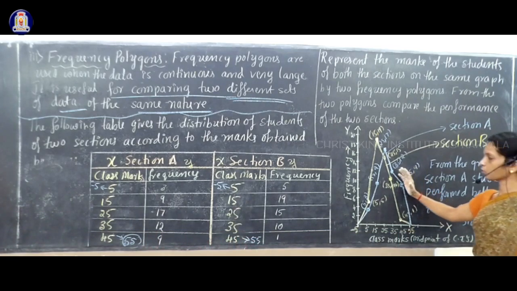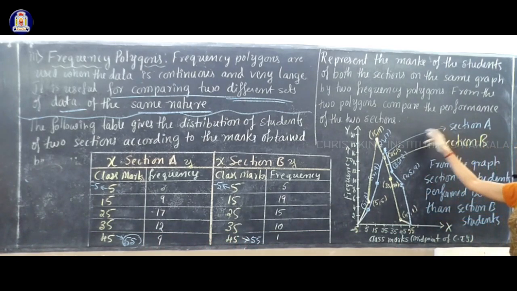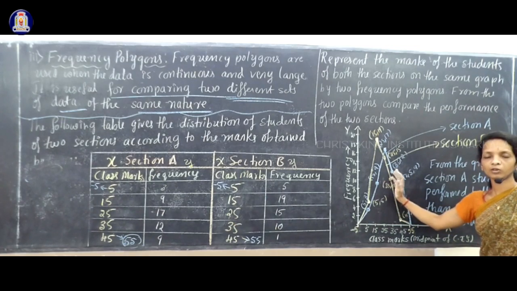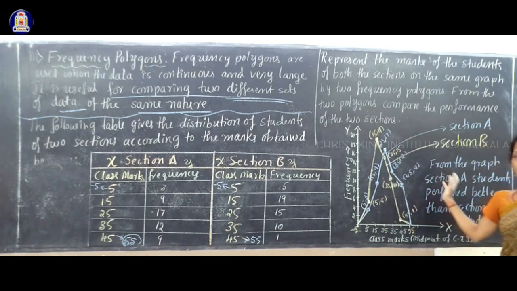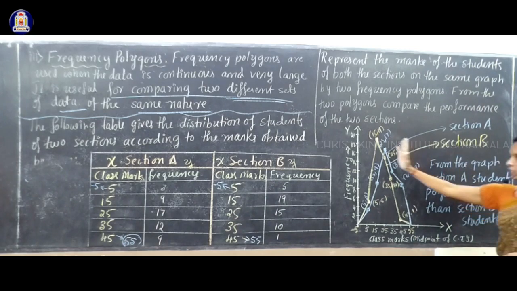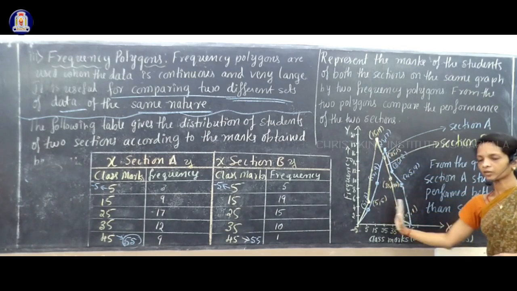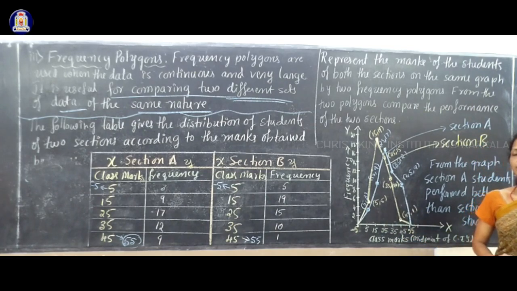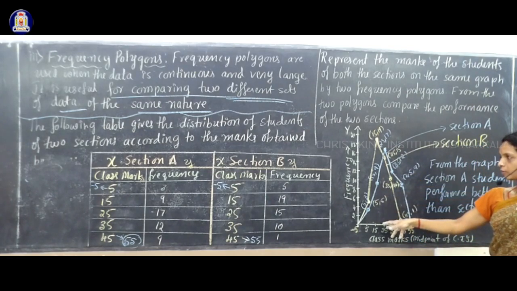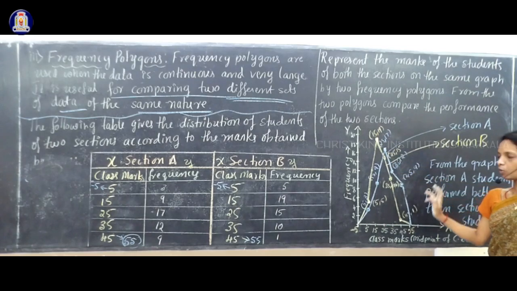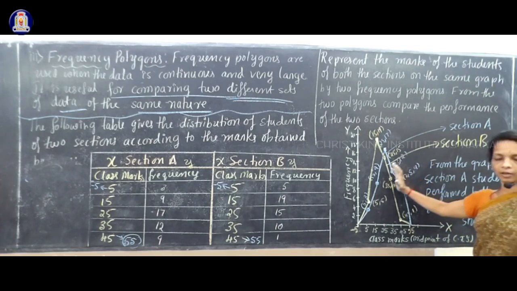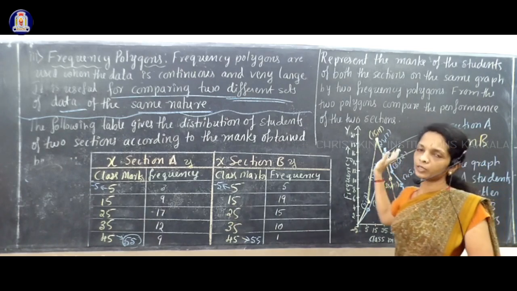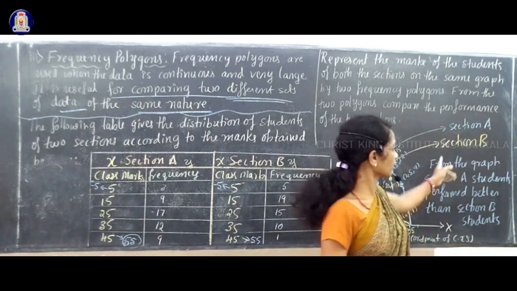Since the frequency polygon of section A lies above the frequency polygon of section B, that conclusion we can give. Okay, you have to see the frequency polygon after 25. After 25 class mark you want to see. After 25 you have the frequency polygon of section A lying above the frequency polygon of section B. Okay, so on the basis of that we concluded like this.